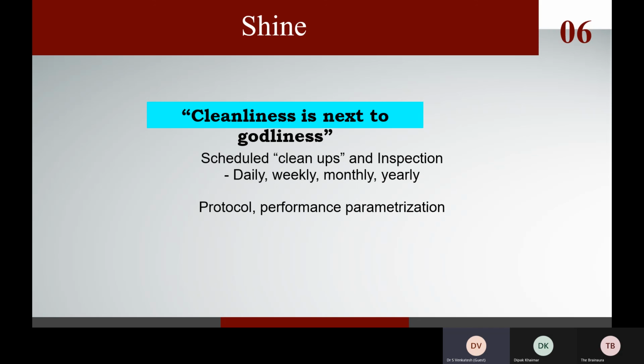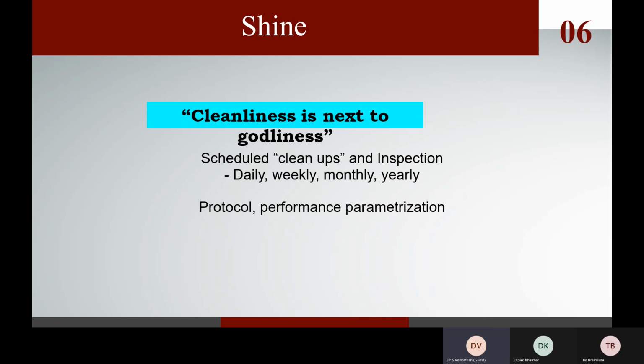So that's one. So in this step, what you develop is a set of protocols, and you parameterize the performance for your process, tools, and materials, everything. You have some parametric evaluation of these cleanliness and shine steps.